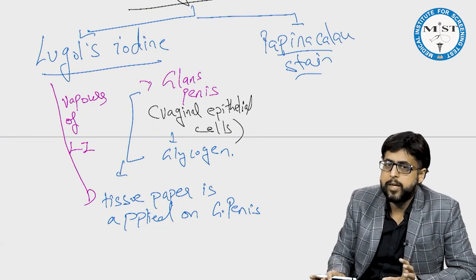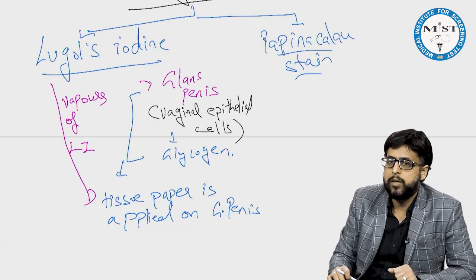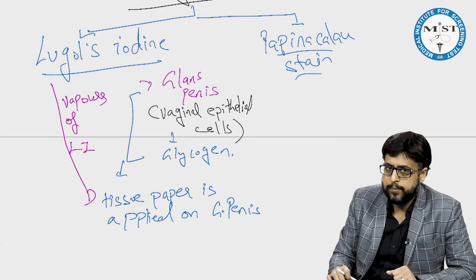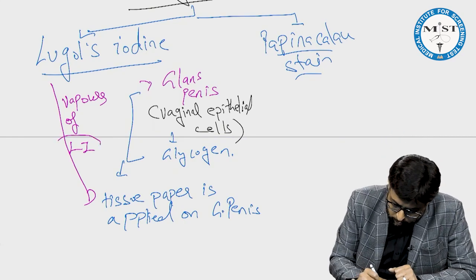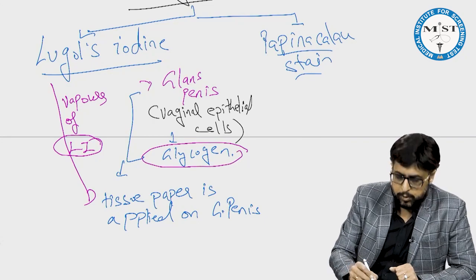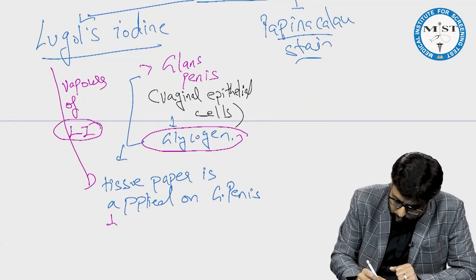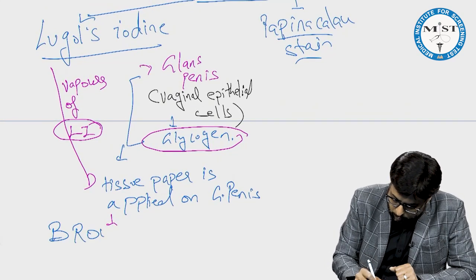If the person has committed sexual intercourse, then the vaginal epithelial cells containing glycogen will come on this tissue paper. These vapors of Lugol's iodine react with glycogen to give a brownish color.